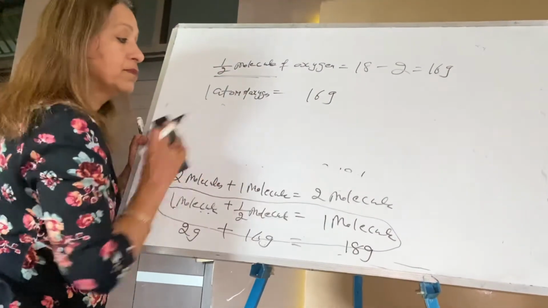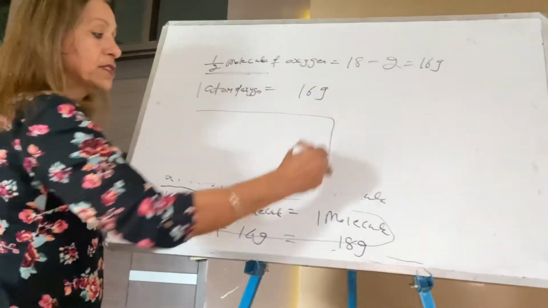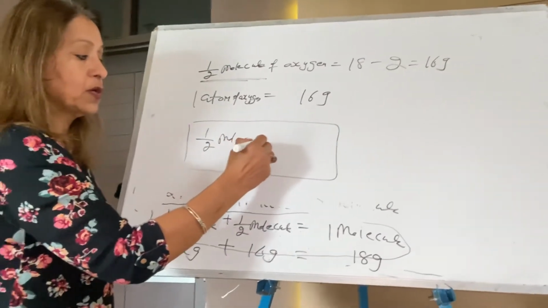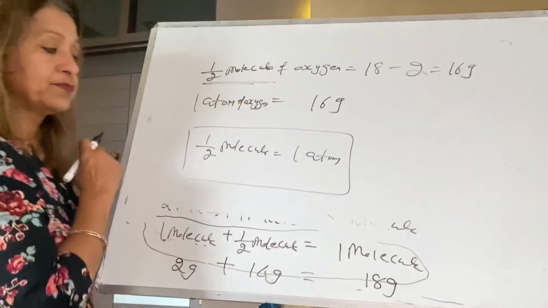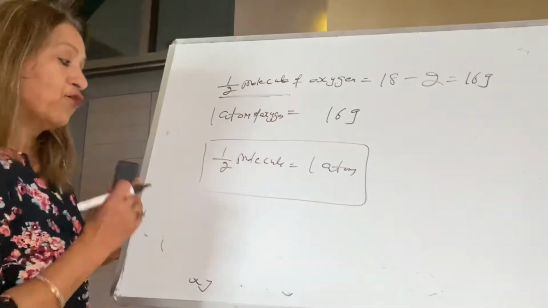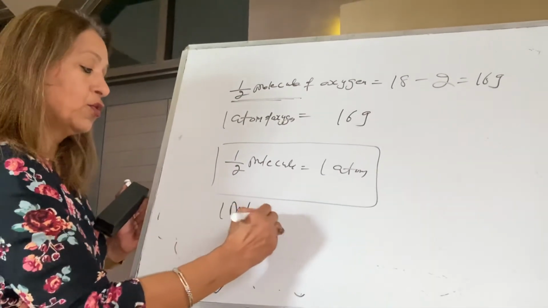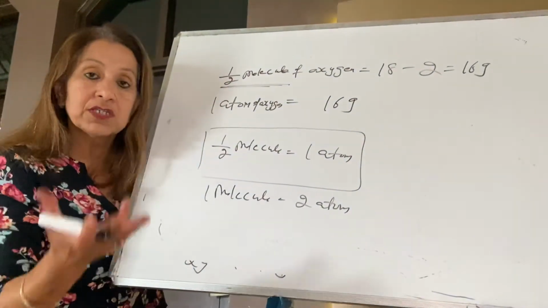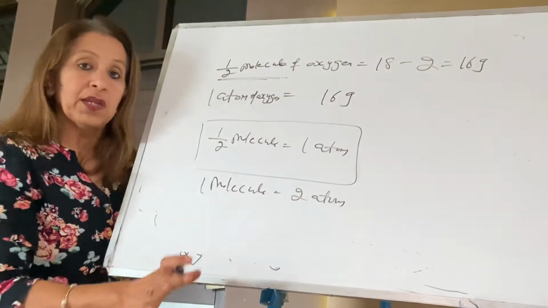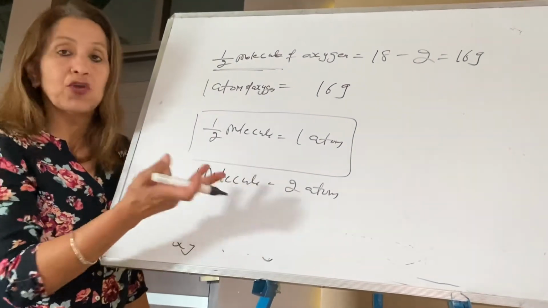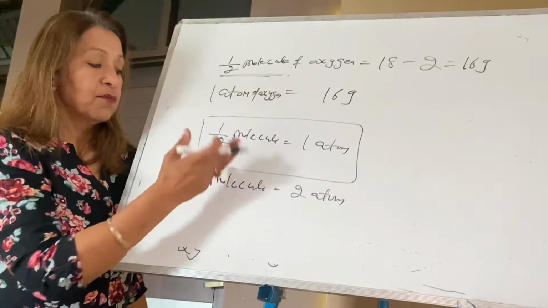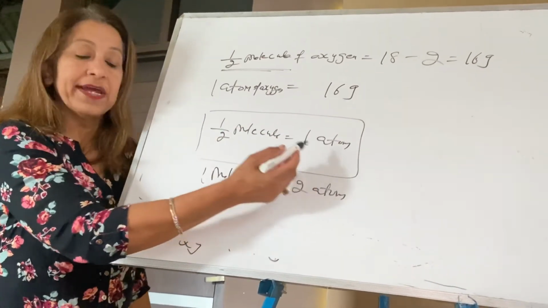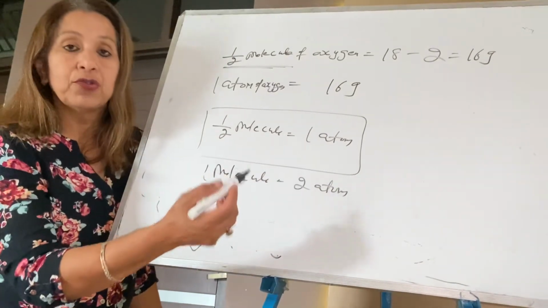Thus it comes, half molecule is equal to one atom, and one molecule is equal to two atoms. So this is atomicity. Atomicity is the number of atoms in a molecule. Now we came to know how atomicity is calculated. Always remember, half molecule is equal to one atom and one molecule is equal to two atoms.